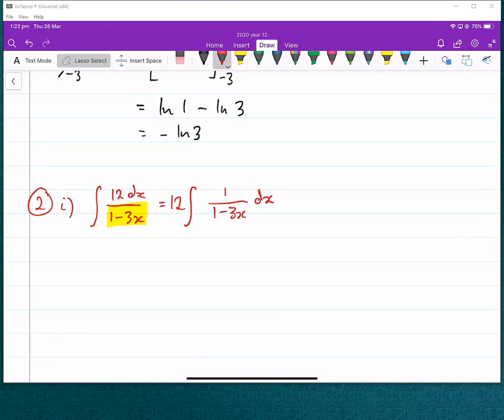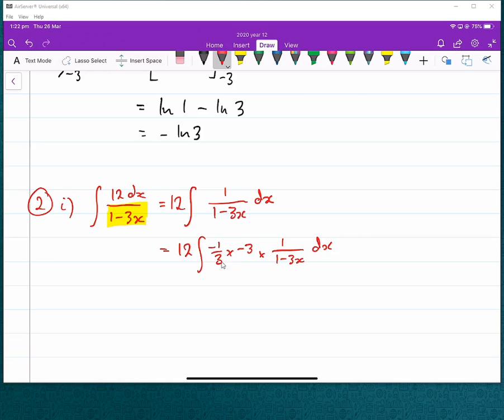And then the next step I'll do is say 12, I'm going to add a -1/3 times -3 out the front, of that little function. I haven't changed it at all.